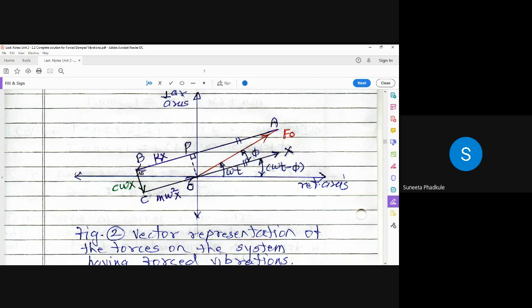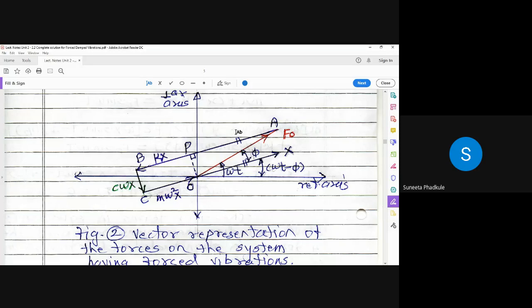It is parallel to BC, C omega x. So this is representing C omega x, that is damping force. And how much is AP representing? AP representing AB minus CO. What is AB? Spring force Kx. What is CO? Inertia force M omega square x. So what is AP? Kx minus M omega square x.